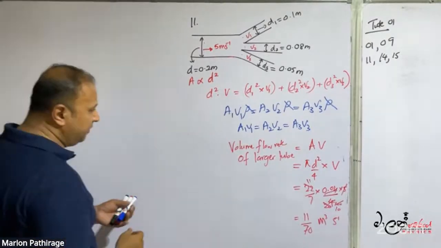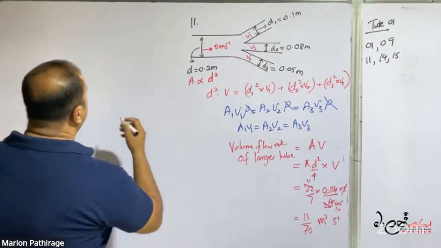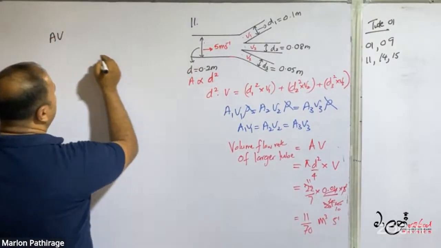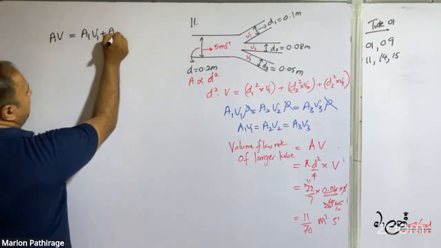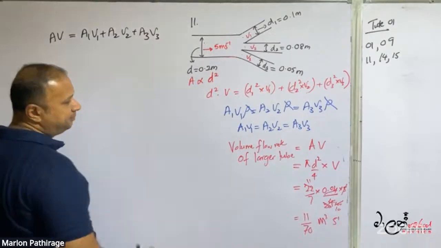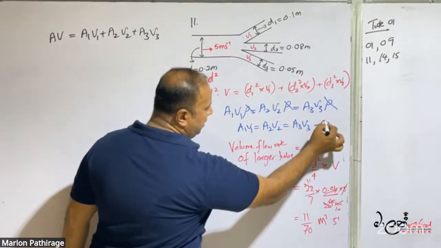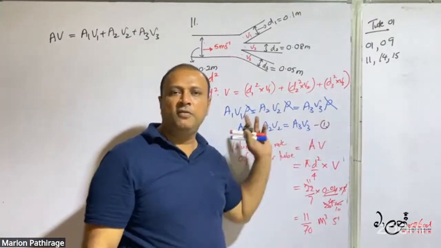Now it is very clear if we apply the equation of continuity. AB, meaning the volume flow rate of the large tube, should be equal to A1 V1 plus A2 V2 plus A3 V3. But I know these three volume flow rates are equal.